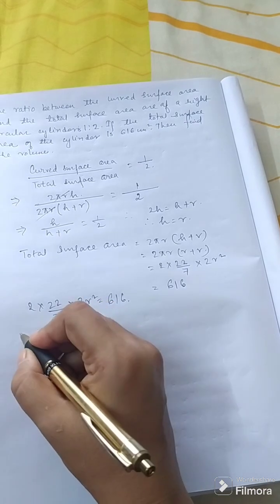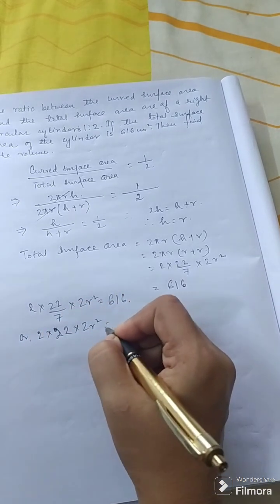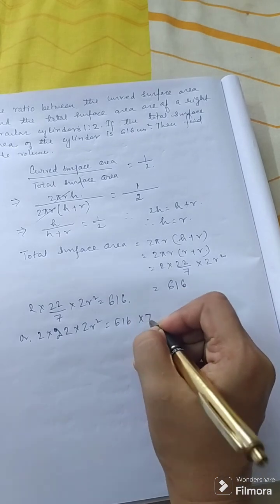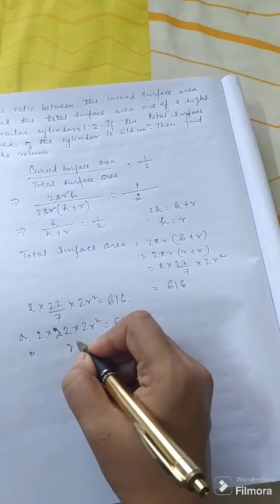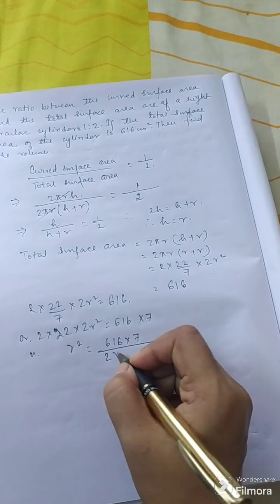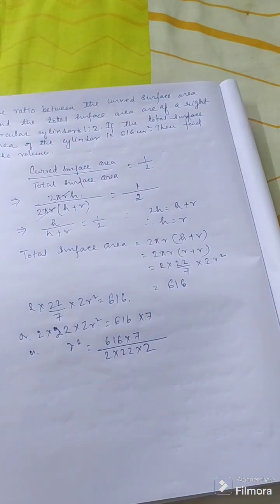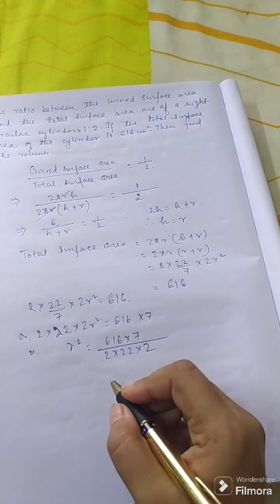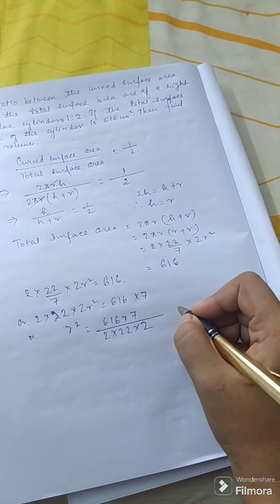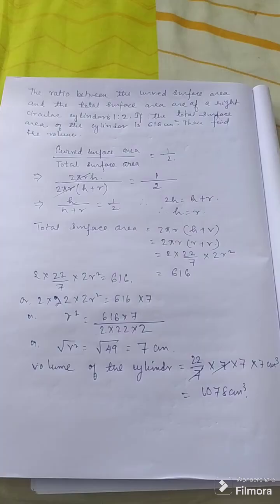Okay, 2 into 22 into 2r square equals 616 into 7, right? So if I calculate it and find it, it will be the root over r.